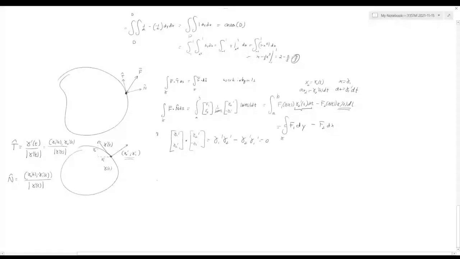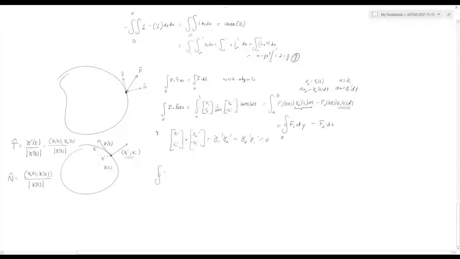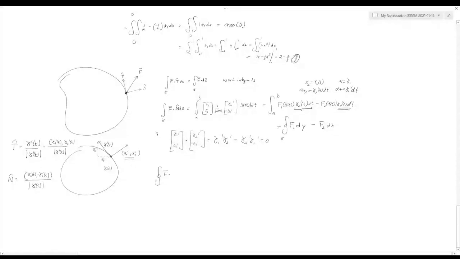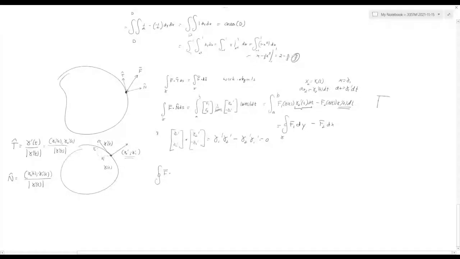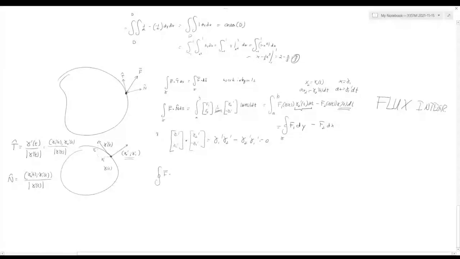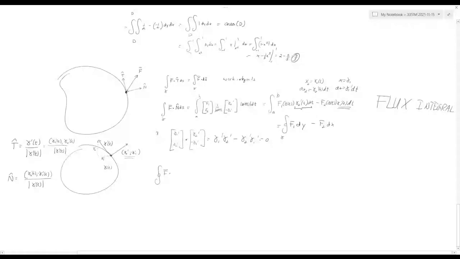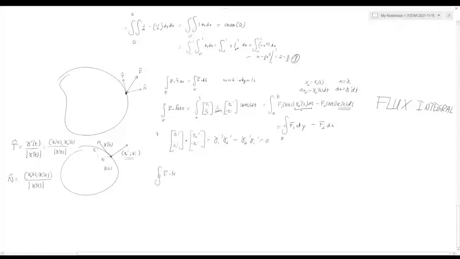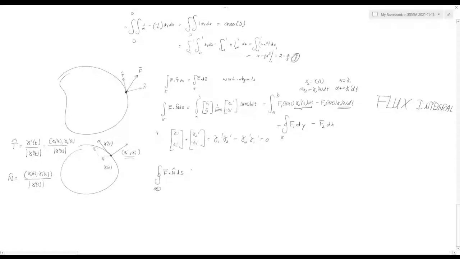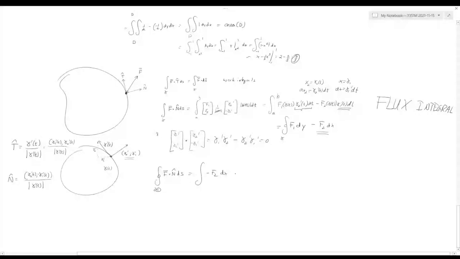Now, if you're doing a flux integral, so flux in physics, if you have a flux integral over a closed boundary, then we can think of that as minus f2 dx plus f1 dy.